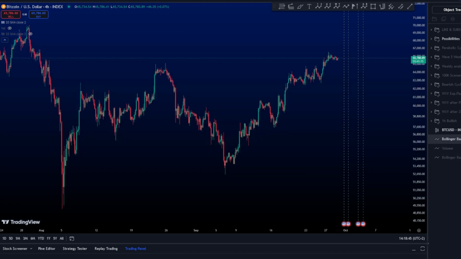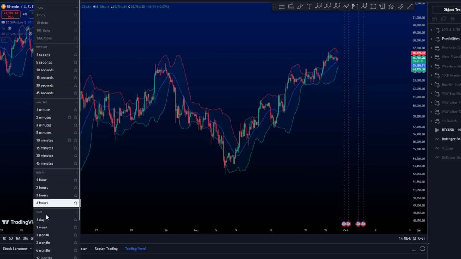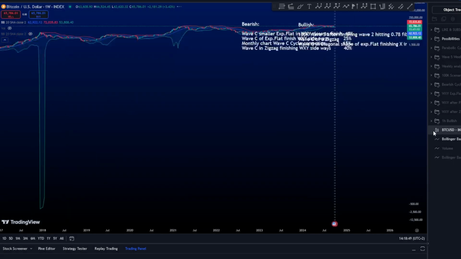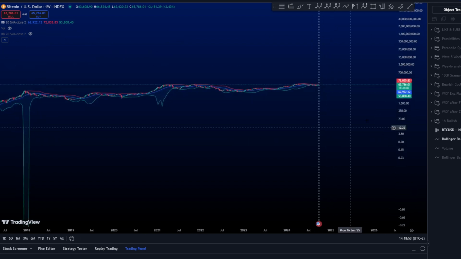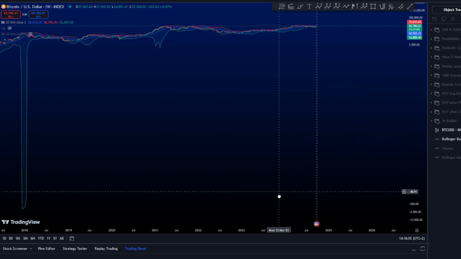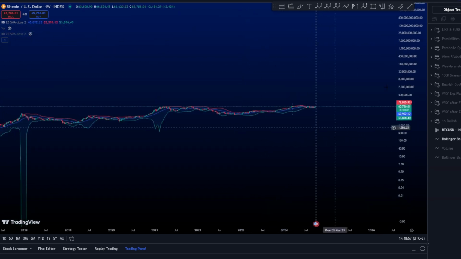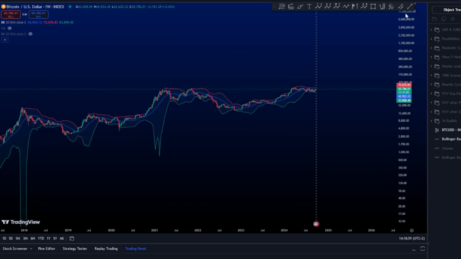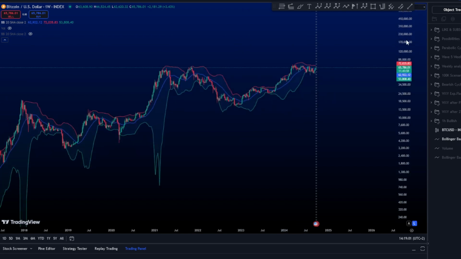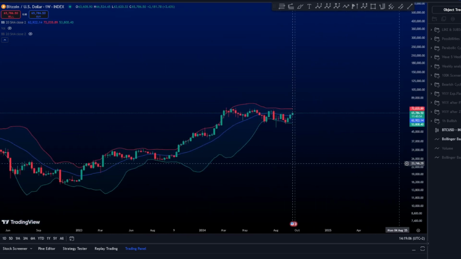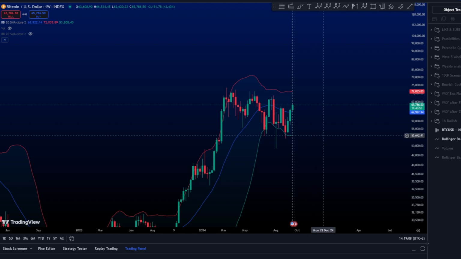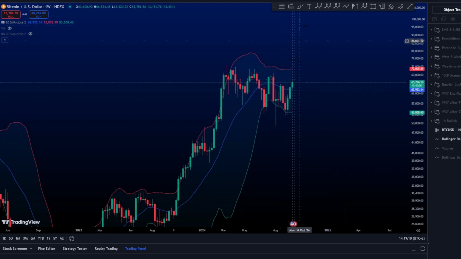For the Bollinger Bands, it's also very interesting to look at the weekly. So let's remove the possibility here to have a clearer view. So on the weekly, what happened? Okay, so on the weekly, we can see that yes, we have broken the middle line of the Bollinger Band.